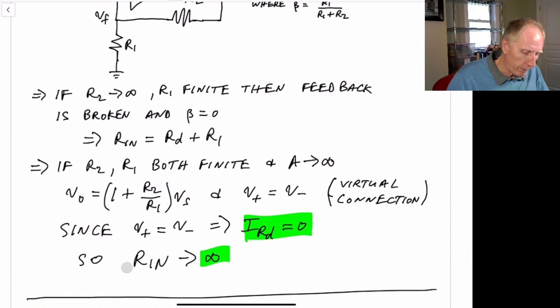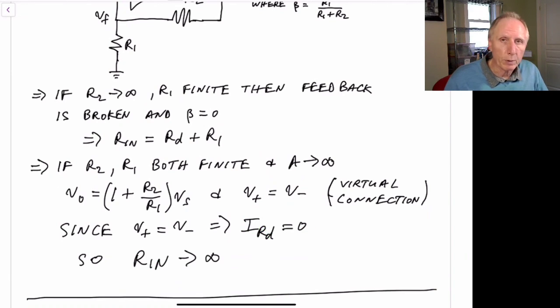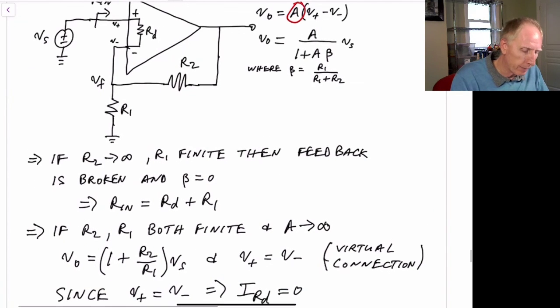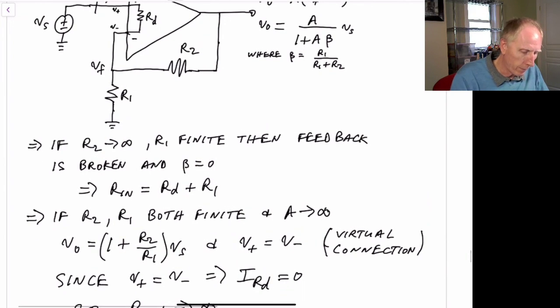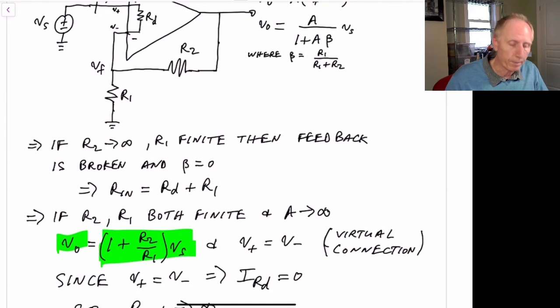So we see that previously the input impedance was RD plus R1, and now it goes to infinity if we can make the amplifier gain A go to infinity. Notice that this does not make the input-output gain go to infinity. The gain becomes 1 plus R2 over R1, given by this equation here, even though A goes to infinity.